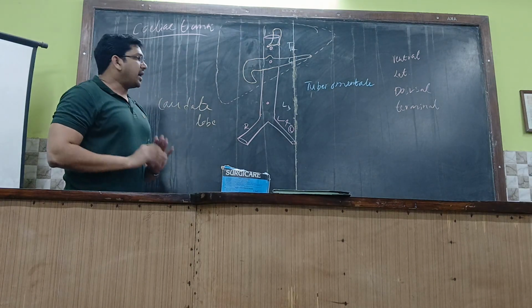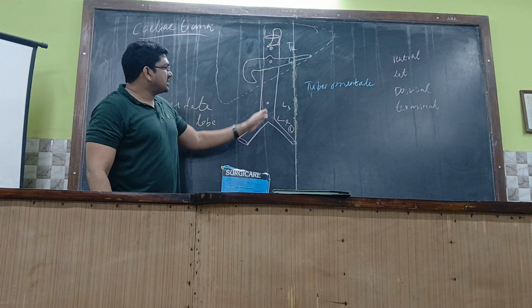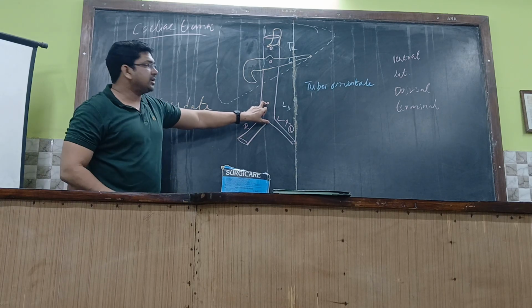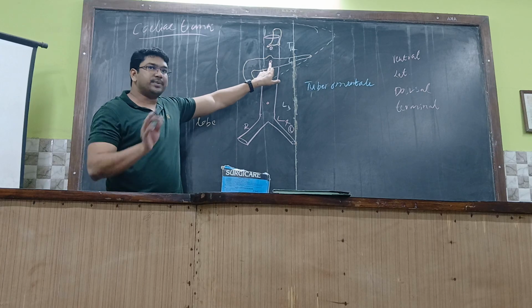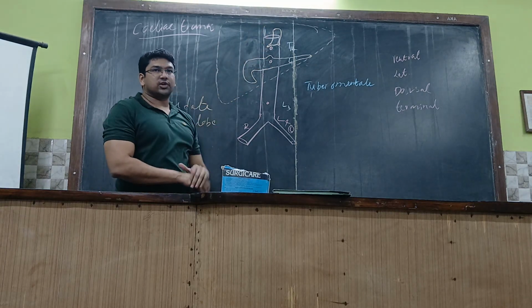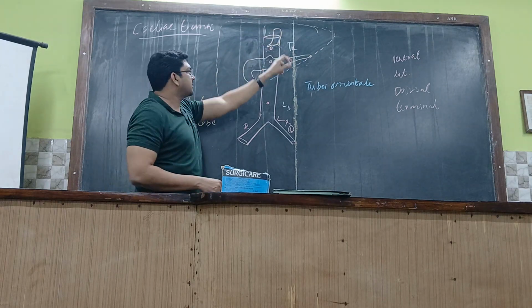Okay. To identify these three arteries of the ventral branches, these are the hallmarks. Behind the pancreas is the superior mesenteric artery, and just above the pancreas, or just below the diaphragm, is the celiac trunk.